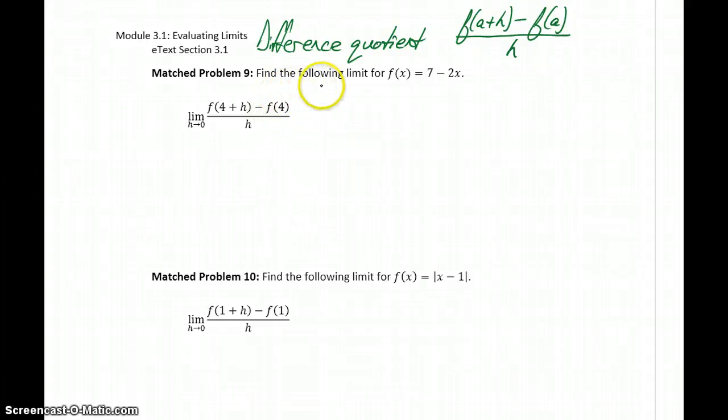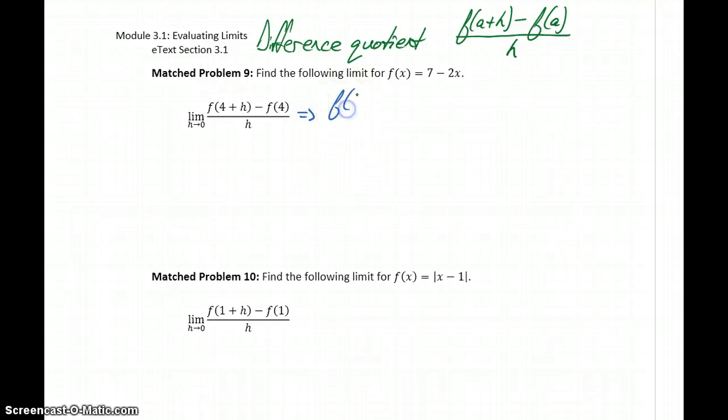So in match problem 9, our function is f of x equals 7 minus 2x. We have the limit as h is approaching 0 of some rational function here. So we could start off by trying direct substitution.